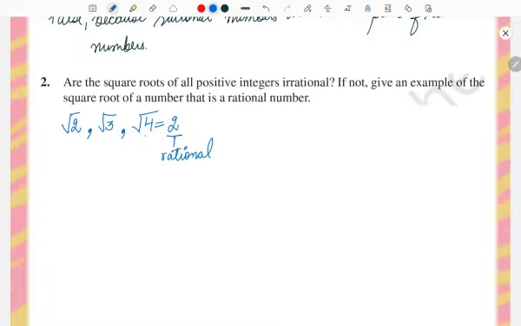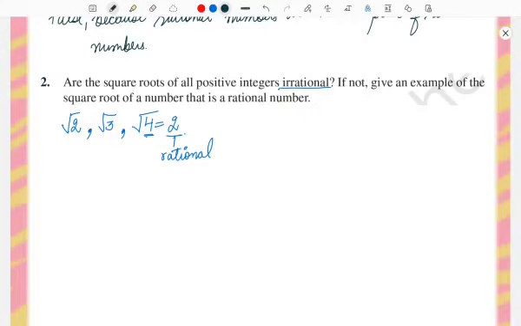What were we asked here? Are the square roots of all positive integers irrational? If we take the square root of all positive integers, will it always come out irrational? No, right. We have just seen that since 4 is positive and root 4 is 2, a rational number, it is not true that the square roots of all positive integers are irrational.